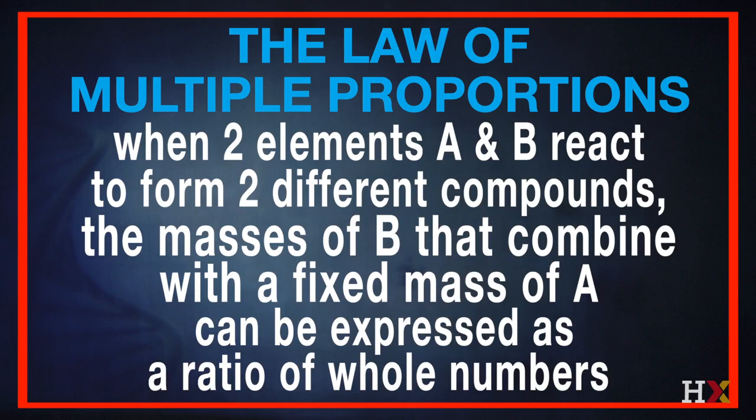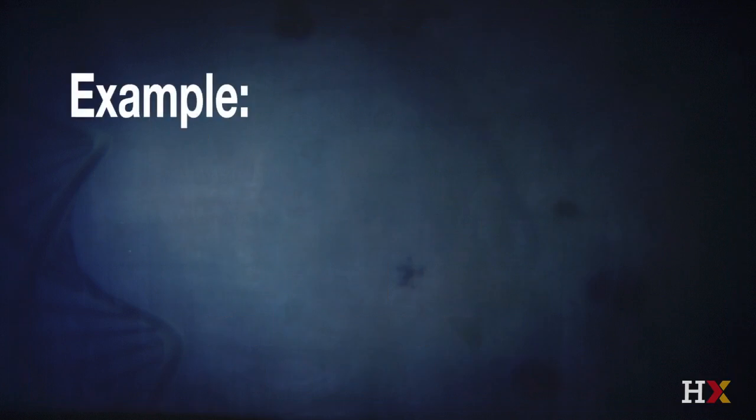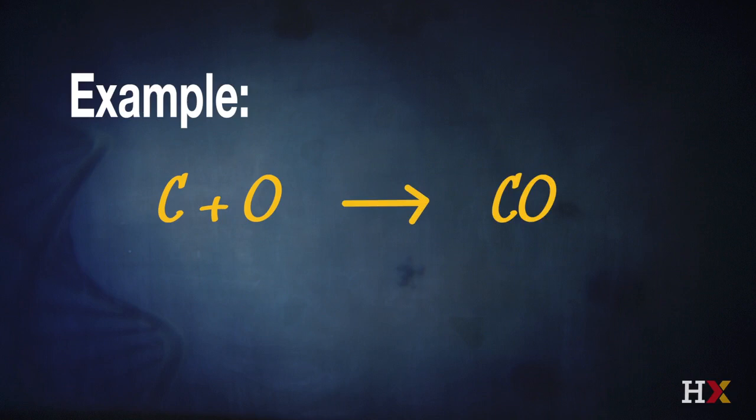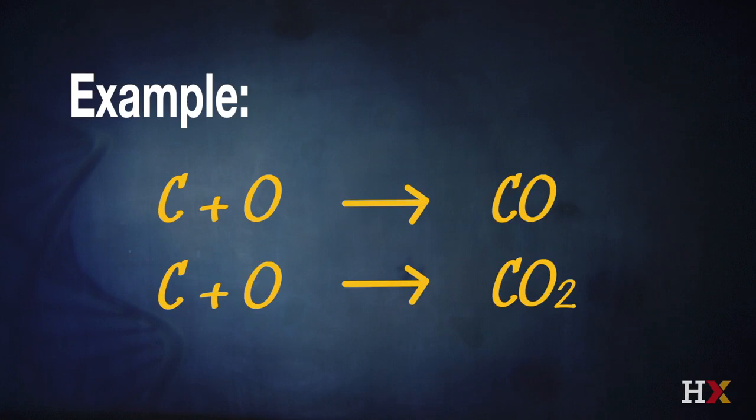That is, let's take the fixed mass to be carbon and the other to be oxygen, and he realized that they could be combined to form CO, or carbon monoxide, but they could also be combined to form CO2, or carbon dioxide.